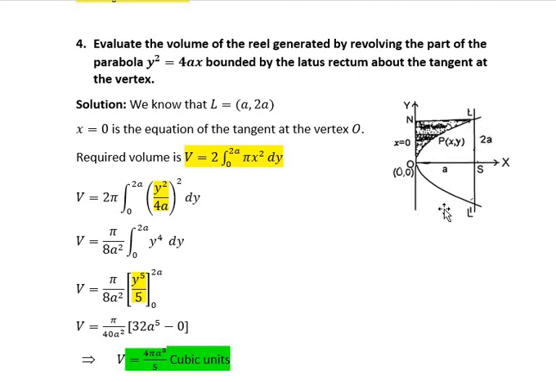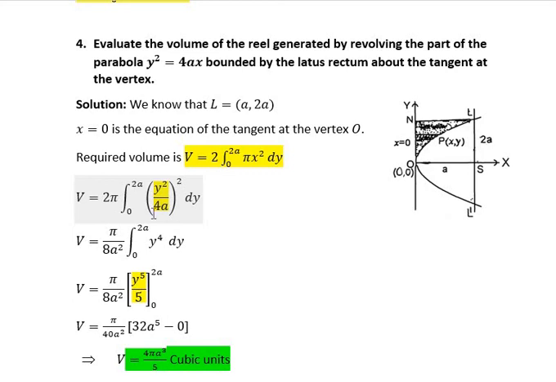Now the volume obtained is equal to 2 times the integral 0 to 2a pi x square dy, because V is equal to twice integral 0 to 2a pi x square dy, the second formula we are using. So V is equal to pi integral 0 to 2a x square dy. From the given curve, y square is equal to 4ax means x is equal to y square by 4a. So substitute the x value here, that is y square by 4a whole square.